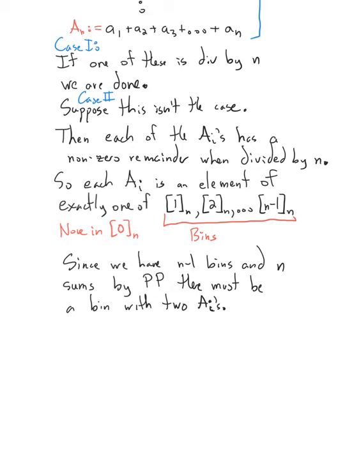Well, there must be a bin here that has 2 of them. There might be more than one bin that has 2 of them, but we know for sure that one bin has 2 of them. And we can even say, since the ceiling of n over n minus 1 is, of course, 2.